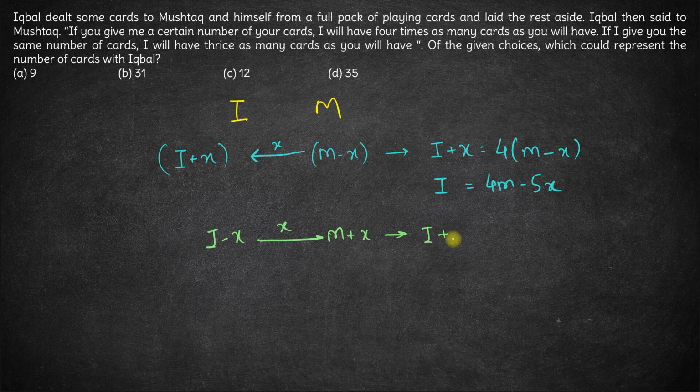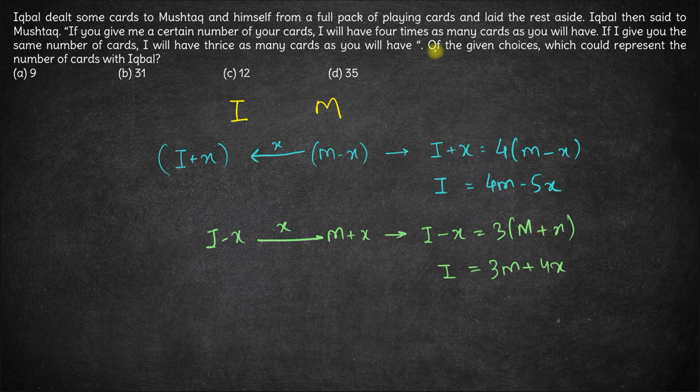So the number of cards Iqbal now has, which is I minus X, is equal to thrice of M plus X. So from here I comes out to be 3M plus 3X plus X, which is 3M plus 4X. Okay, this is what we get.